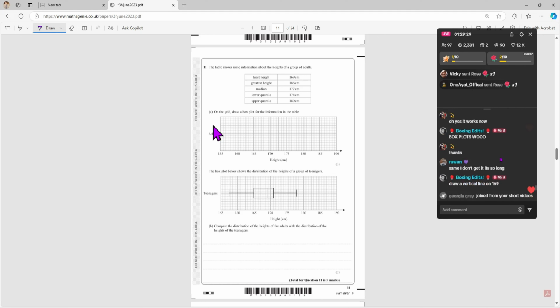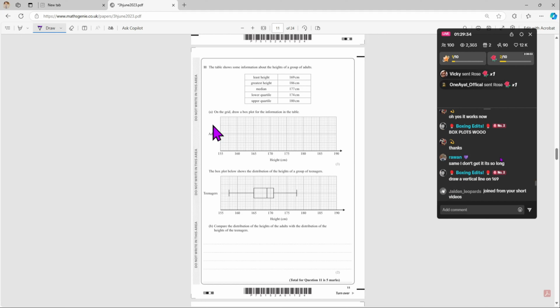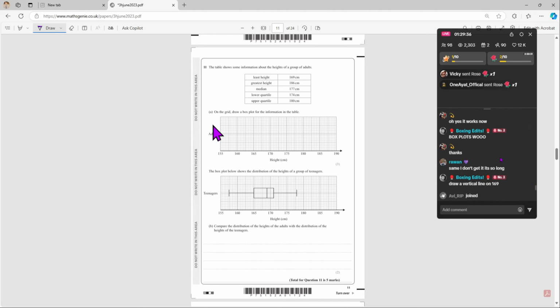So, whenever we're drawing box plots, first of all, we have two vertical lines. We're going to look at our greatest and the least height. So the greatest height is 186.